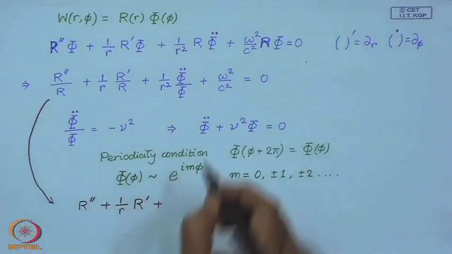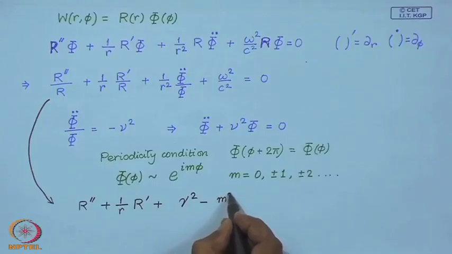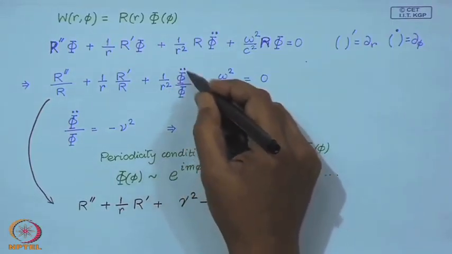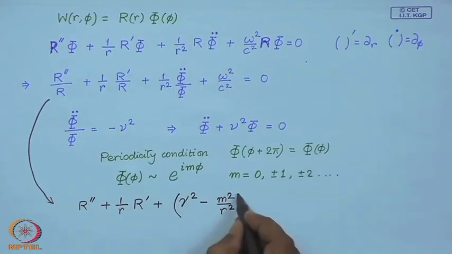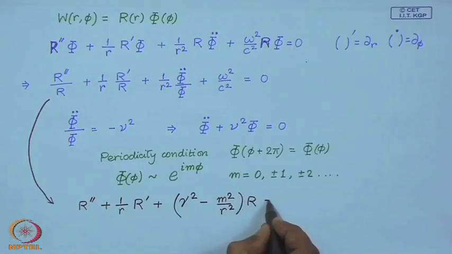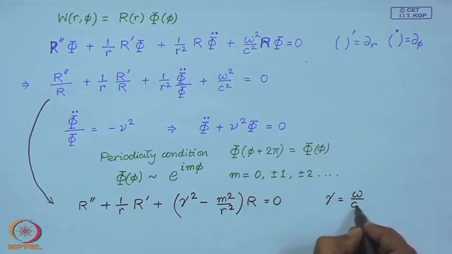Let me define this as gamma square, and this is minus m square, so that must be 0, where gamma is omega over c.